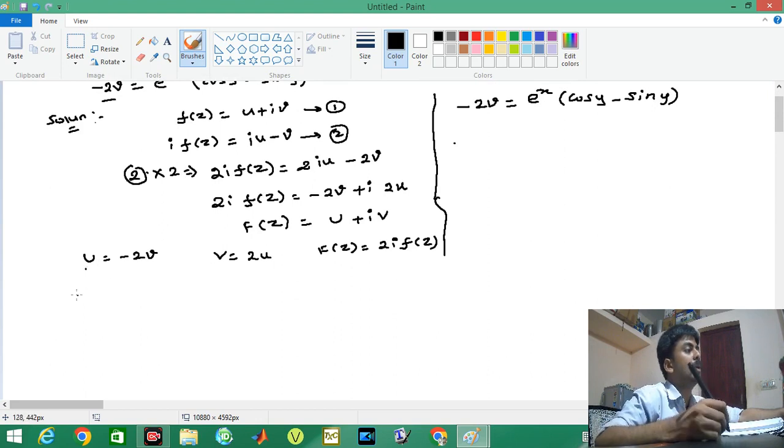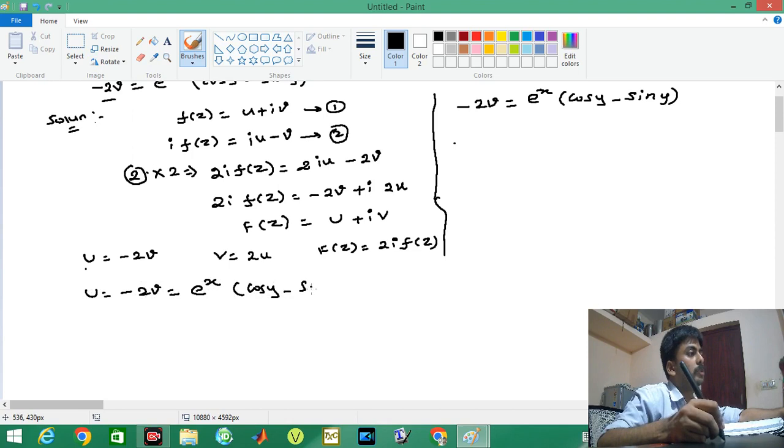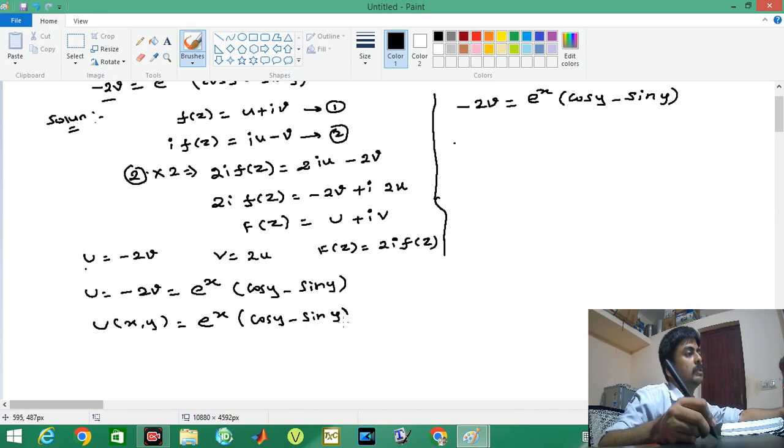Okay, so capital U equal to minus 2v equal to e power x into (cos y minus sin y). So this is our U of x comma y, that is equal to e power x (cos y minus sin y).